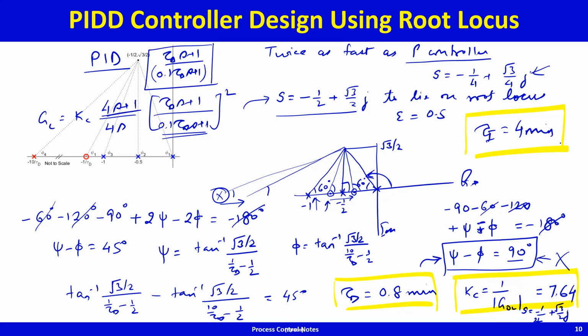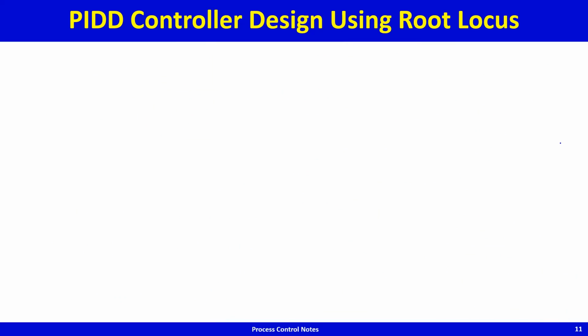So if I look at the root locus, what do I have? I've got s equal to 0, s equal to minus half, s equal to minus 1, and tau d is 0.8, so s equal to minus 1.25, there is a zero.